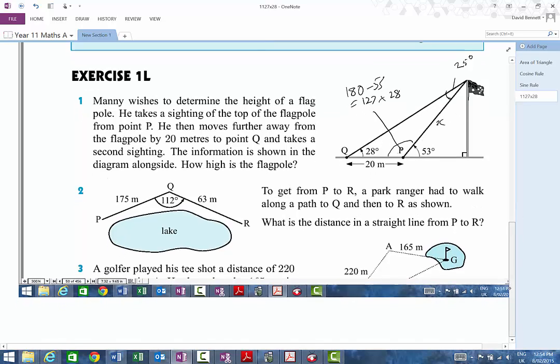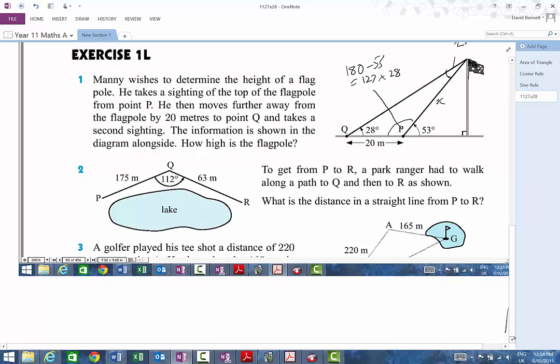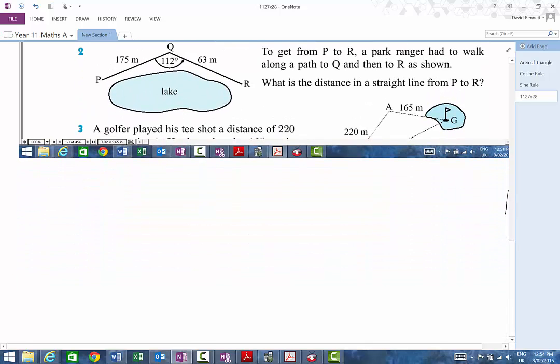Alright, so maybe for some of these, it helps to draw the diagram that we do have. So let's draw this triangle here. Right, so we know this angle up here is 25, that one there is 28, we know this side here is 20 metres, and I want to find x. Alright, so I'm going to use the sine rule.